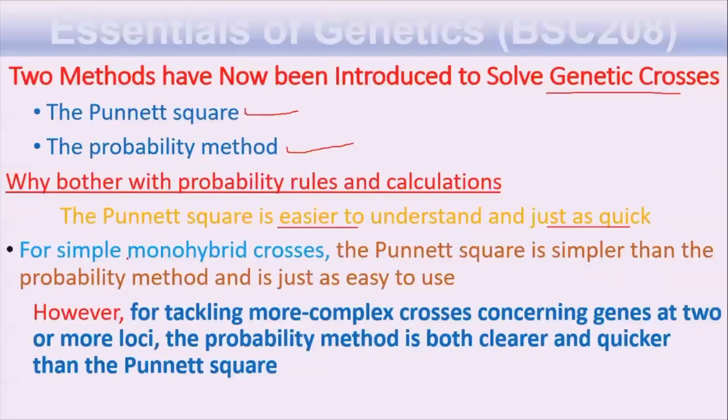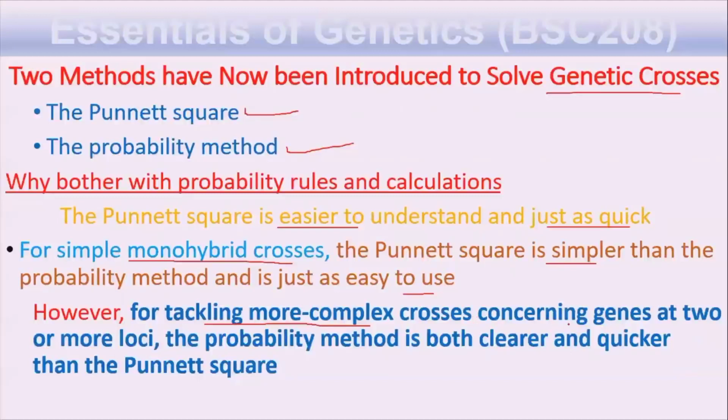The answer is that for simple monohybrid crosses, the Punnett square is simpler than the probability method and just as easy to use. But when you need to tackle more complex cases, there are not always monohybrid crosses. There can be some complicated situations also.